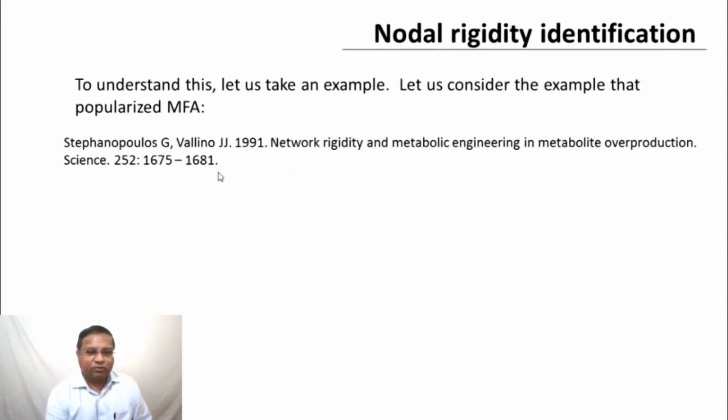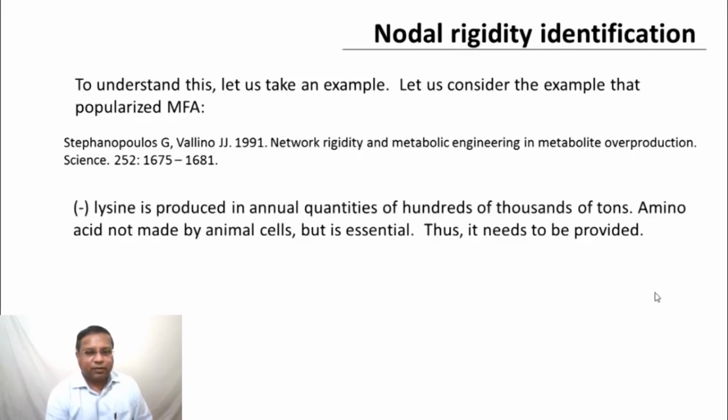It has also been given in your list of references. You can go and take a look at it. Stephanopoulos and Vallino, 1991, Network Rigidity and Metabolic Engineering and Metabolite Overproduction. This was published in Science. And then there was another paper published in Biotechnology and Bioengineering in 1993, which gives some more details.